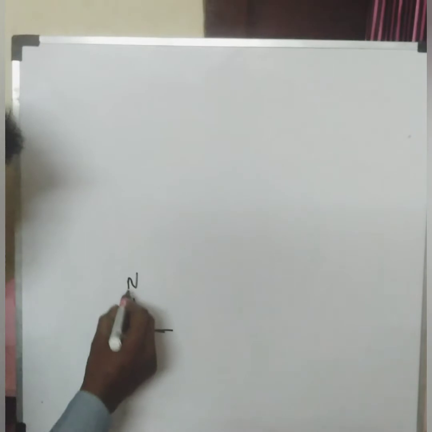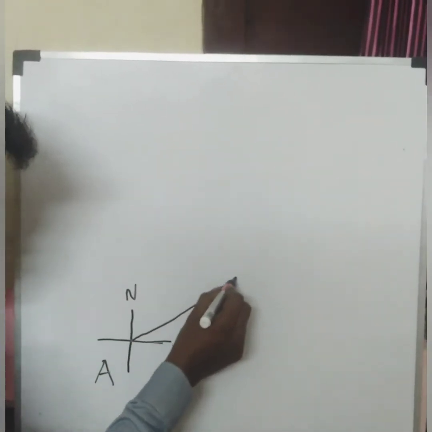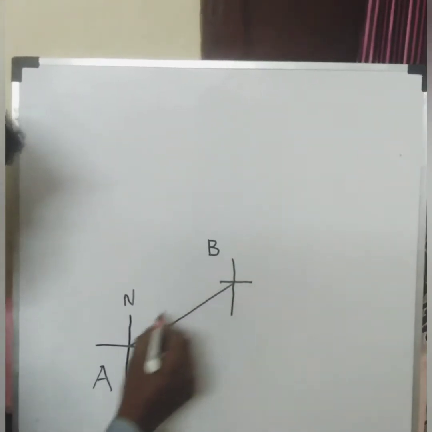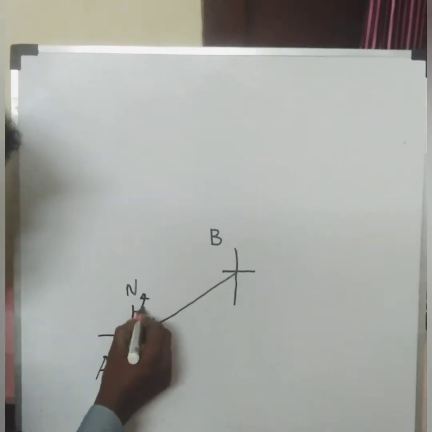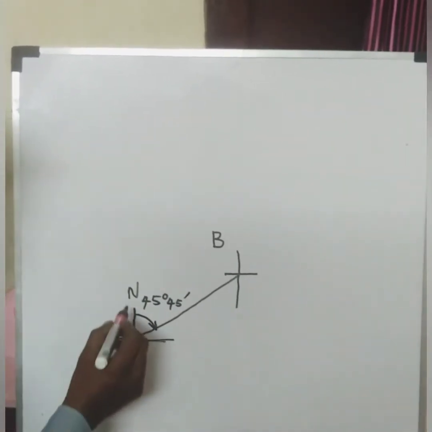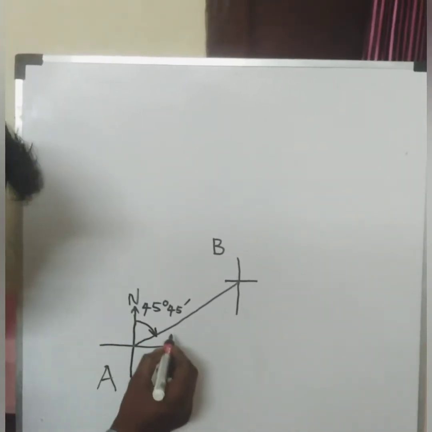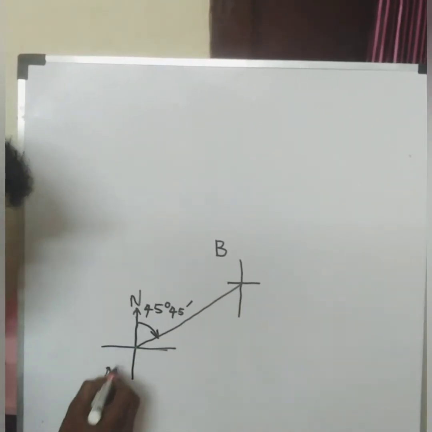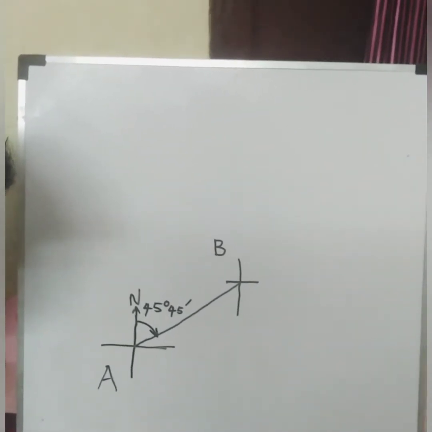A 45 degree line lies in the first quadrant, so I can draw the line towards station B. The fore bearing of line AB is 45 degrees 45 minutes, which lies in the first quadrant only, so I can draw the line AB in the first quadrant.